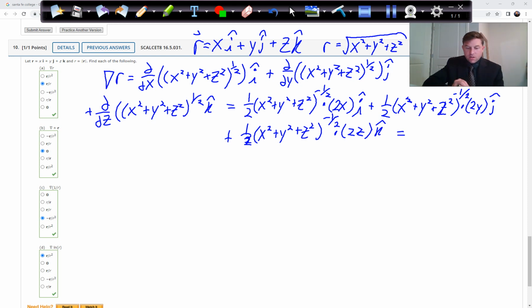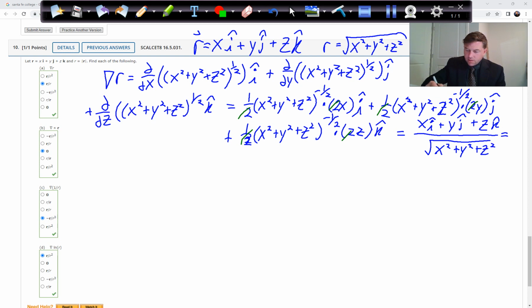But if you notice, this 1/2 cancels with this 2, this 1/2 cancels with this 2, this 1/2 cancels with this 2, and on top we just get x, y, and z, so we get x in the i, y in the j, z in the k, and they all have the same denominator, the common denominator of this raised to the negative 1/2, which is just this, x squared plus y squared plus z squared.